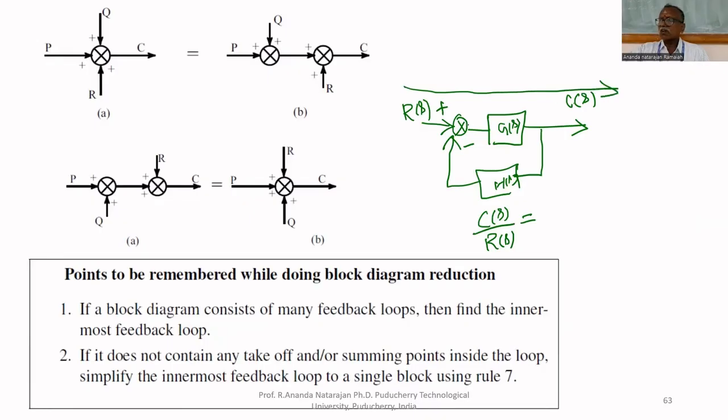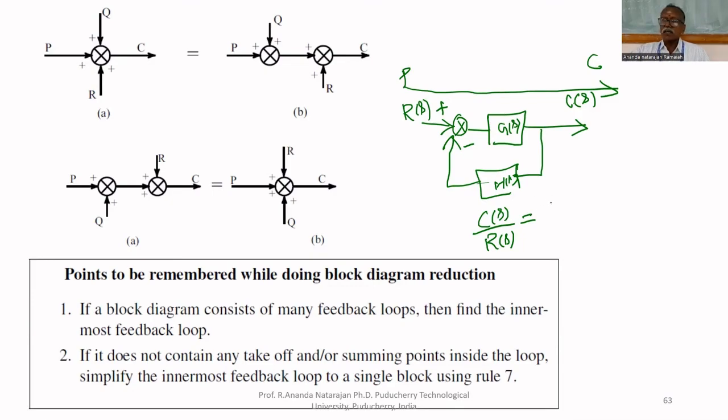What is the forward path? Suppose I am in Pondicherry and I want to go to Kadalur, this is the forward path. Going to Kadalur, then coming back to Pondicherry is the feedback path, the return back.